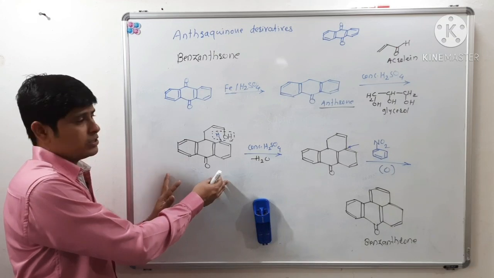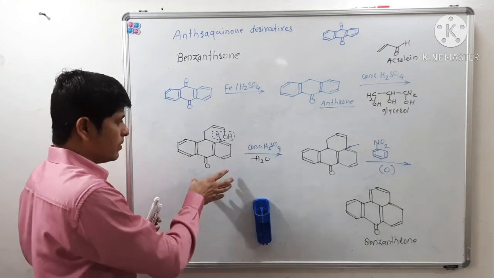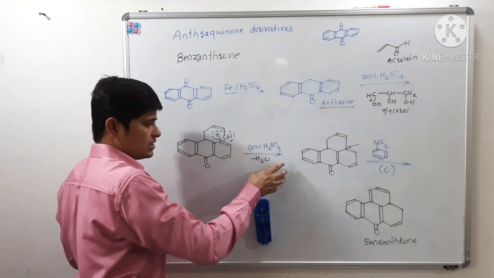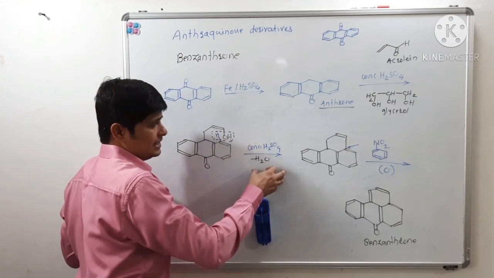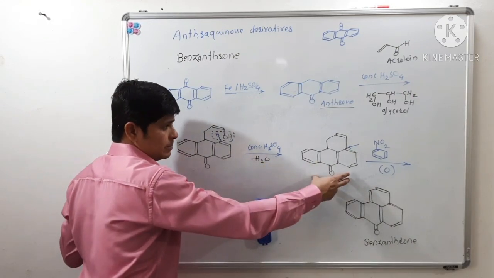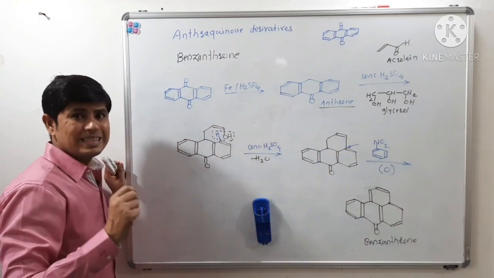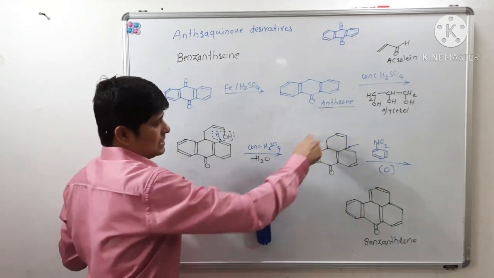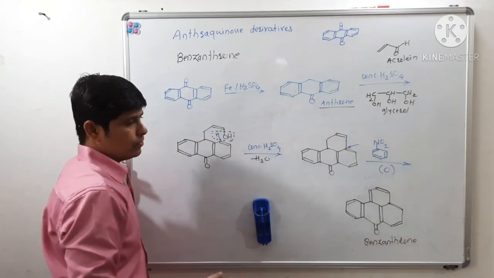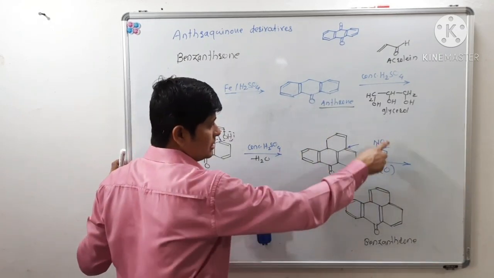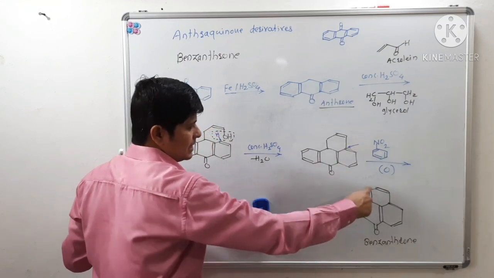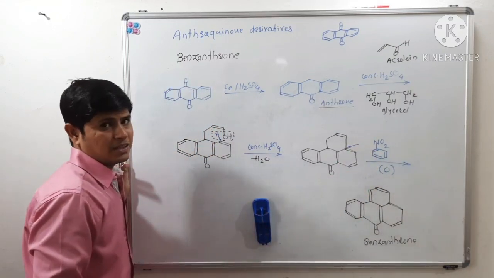Now this intermediate is on reaction with concentrated sulfuric acid, in which there will be cyclization. Now this cyclic intermediate will undergo oxidation in presence of nitrobenzene, and there will be a formation of benzanthrone.